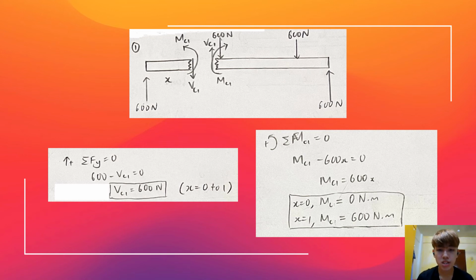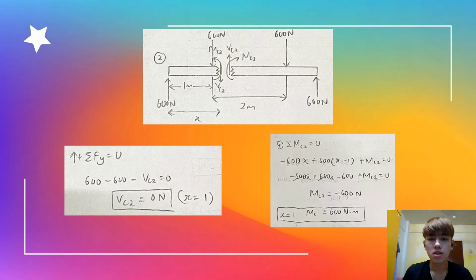And then I used the resultant moment of C equal to 0, so I managed to come out with the moment at the cutting point equal to 600x. I substituted x with 0 and also 1. Then I managed to get the moment equal to 0 when x equal to 0 and the moment equal to 600 when x equal to 1.